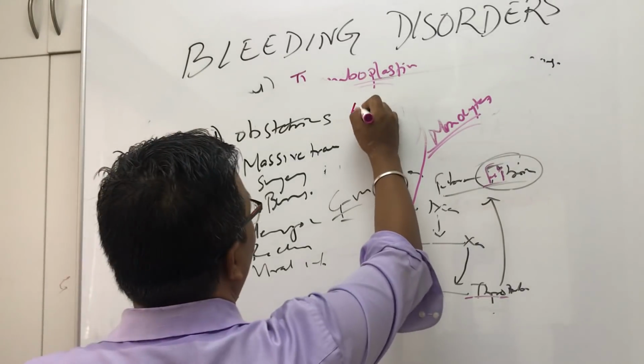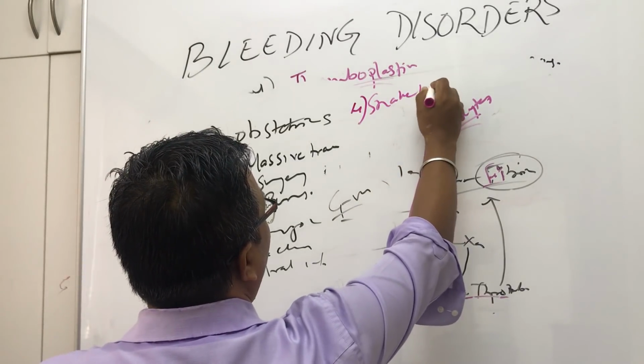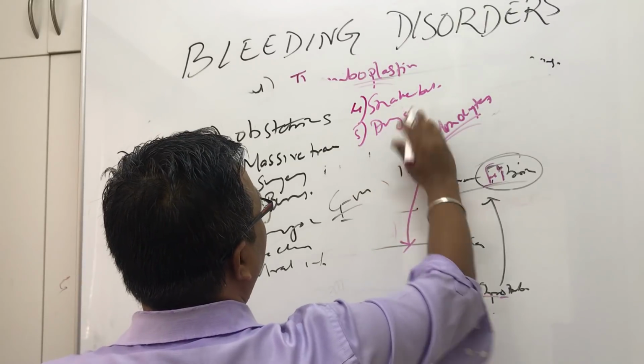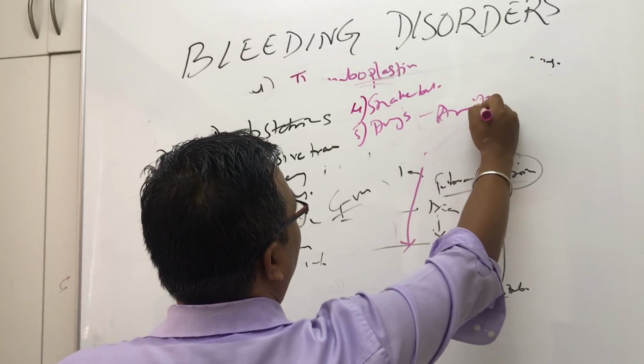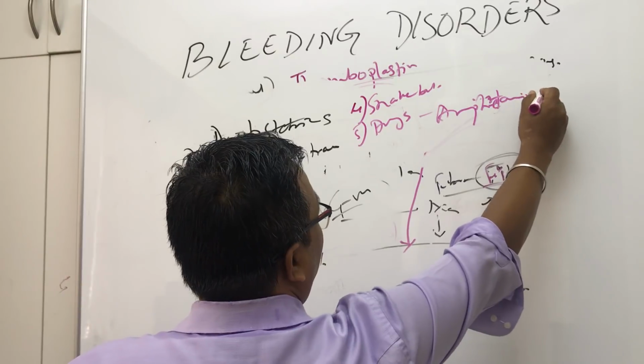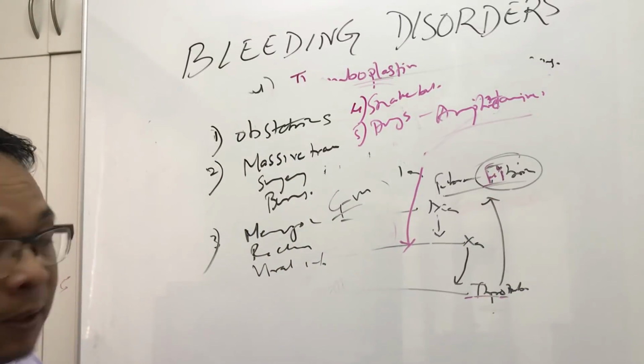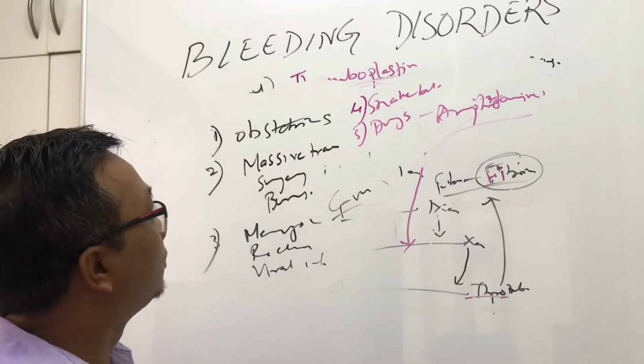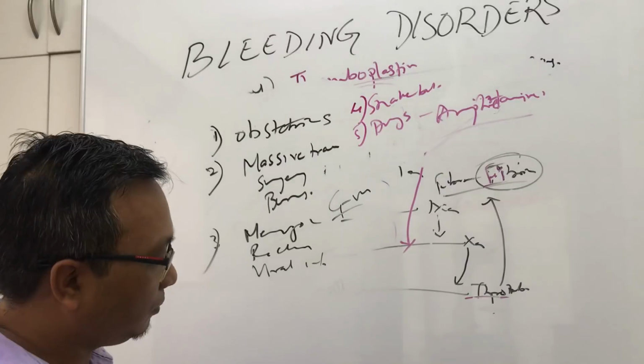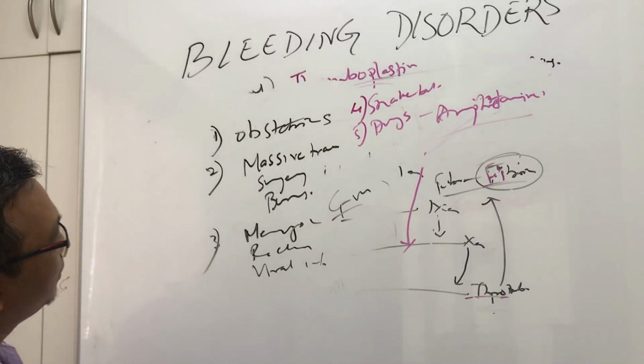Other causes: snake bite, and some drugs like amphetamines. It often comes in questions, name one drug causing DIC. Amphetamines are responsible for bleeding disorders. What else can be other causes?